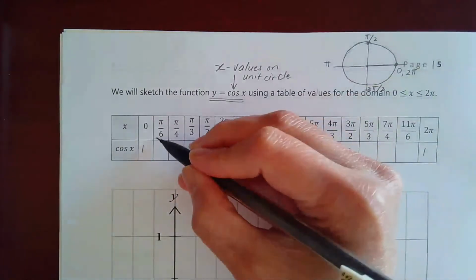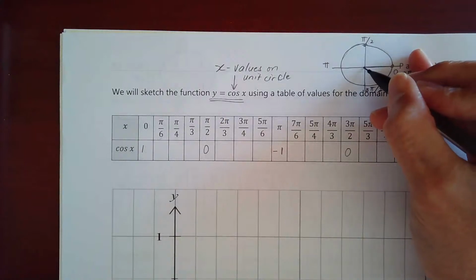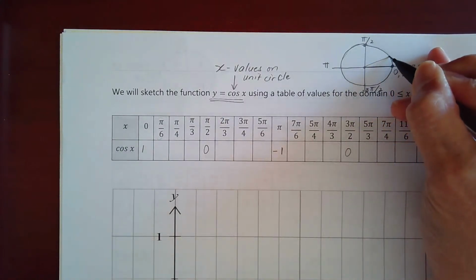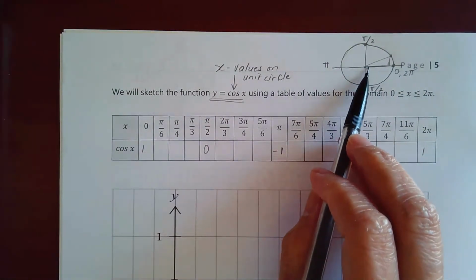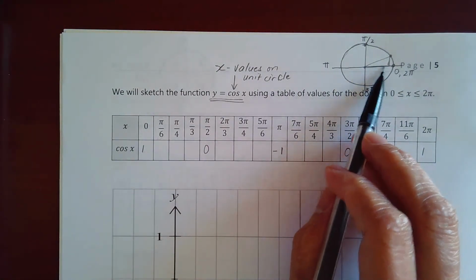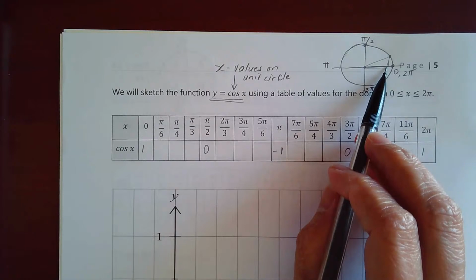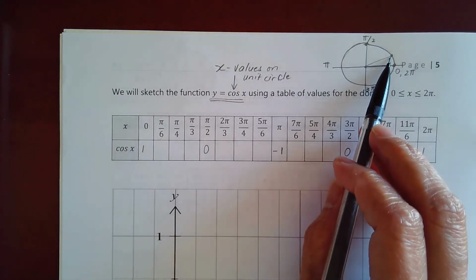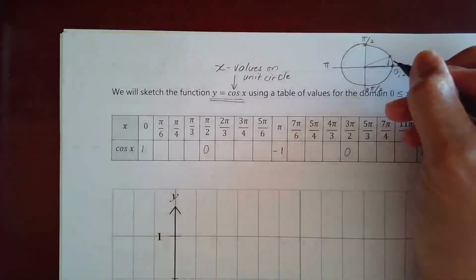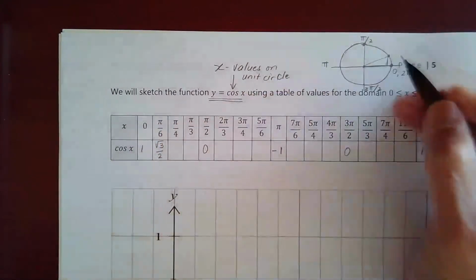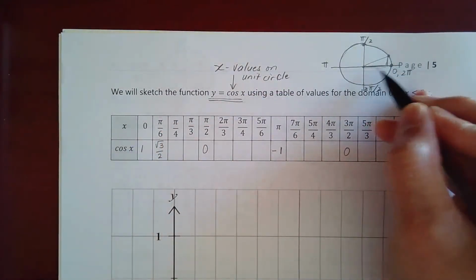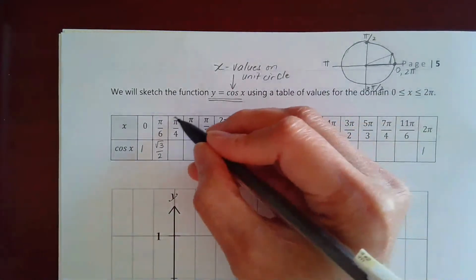And then we go to pi over 6, which is right here. Because we're talking about cosine, we want the horizontal distance, the x coordinate of that point, which is root 3 over 2. It's positive because it's on the positive side. Now, what about pi over 4?